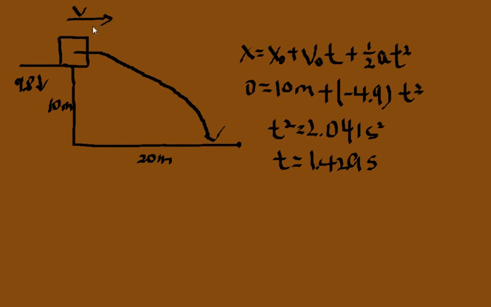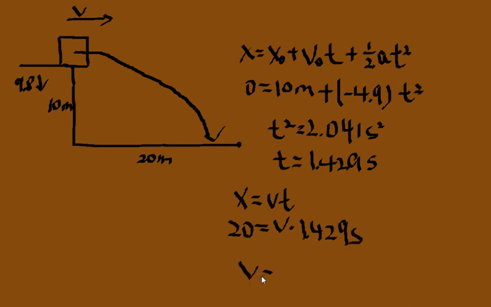So let's talk about velocity right here. What is the initial horizontal velocity? Horizontally, it moved 20 meters, so 20 meters is x. x equals vt if v is constant, and our horizontal velocity v is constant. So x is 20 meters, and 20 equals v times t, which is 1.429 seconds.